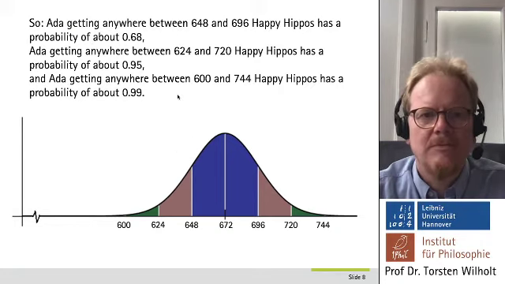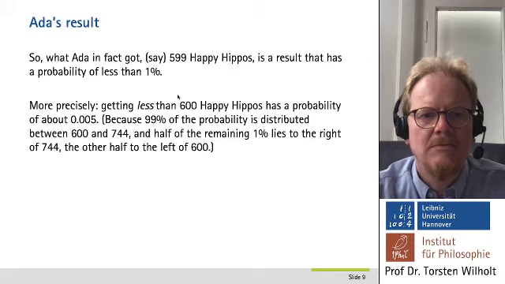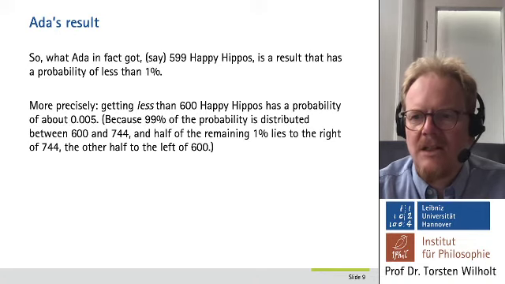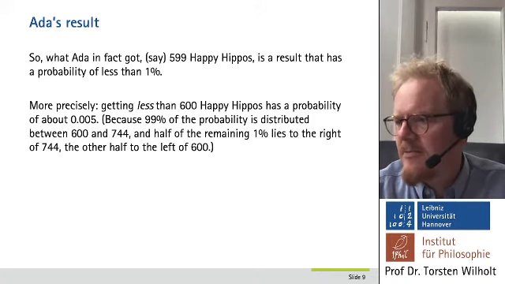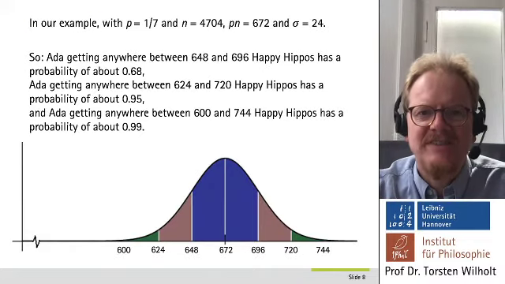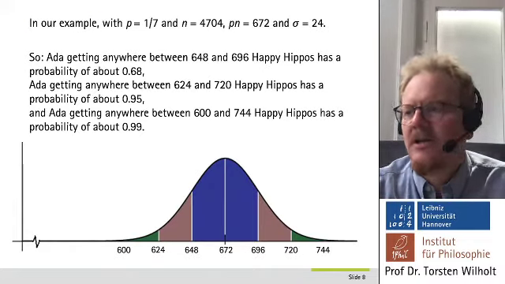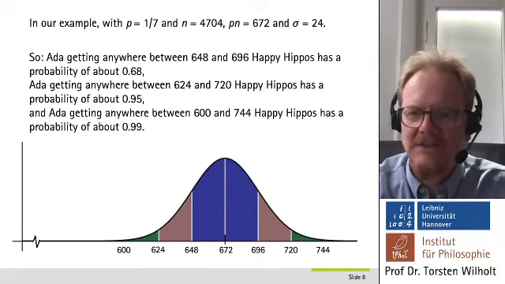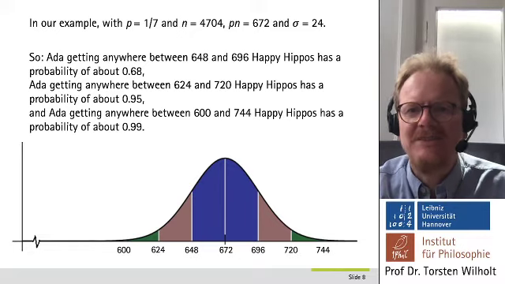648, so in our example, with P being 1/7 and N being 4,704, Pn is 672, as we've calculated several times now, and sigma is 24.